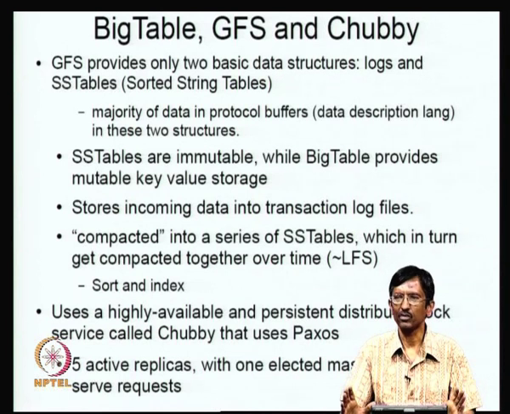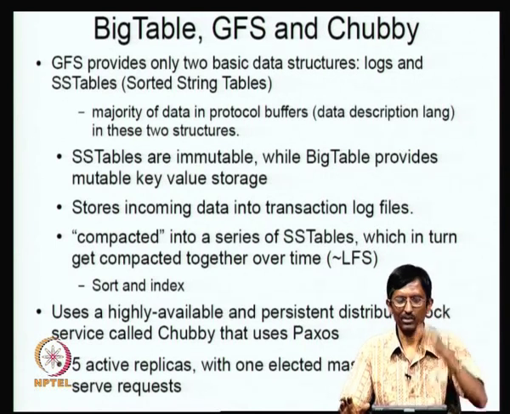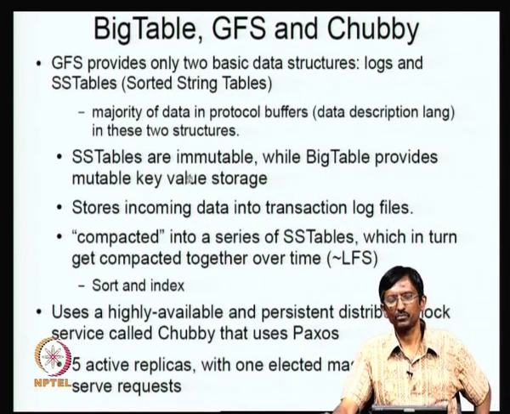The idea there, of course, is that once you accumulate a megabyte or a few megabytes of changes, logs, you can write those longer, bigger chunks fairly efficiently. That's what a log structured file system does. Here we also do the same thing. BigTable provides the mutable key value storage.